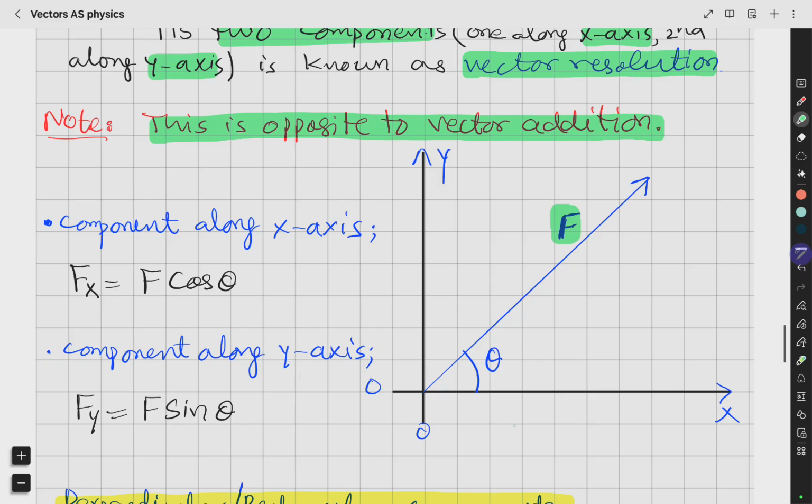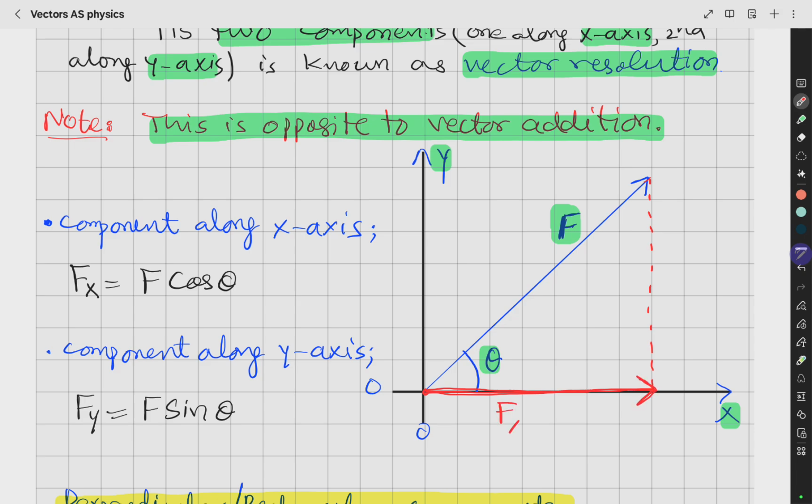So let's look that this f is the vector which is between x and y, and its angle is theta with x-axis. So what you're going to do is you're going to split it into two parts. So how are you going to split this into two parts? The first part will be this one, which will be acting along x-axis.